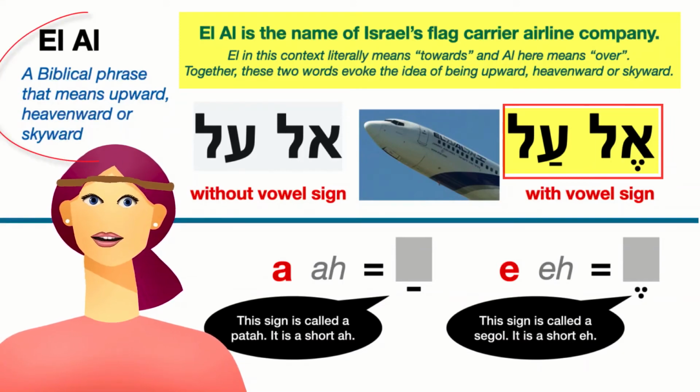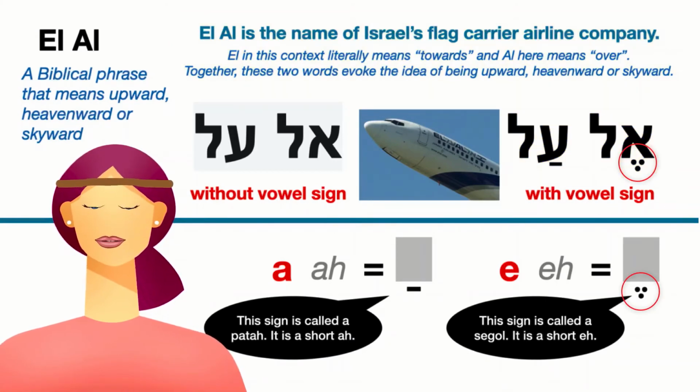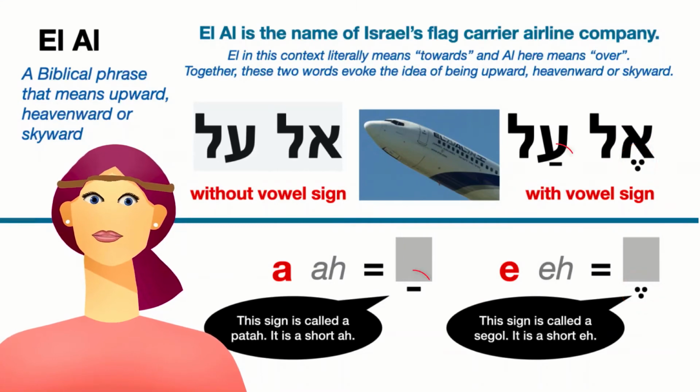In fact, in the Bible, el al is a phrase that means upward, heavenward, or skyward. And if you look at the nikud signs, the silent letter aleph has the sign for pronouncing a short e, as in egg, and the silent letter ayin has a nikud sign for pronouncing a short a sound. So, we say el al.